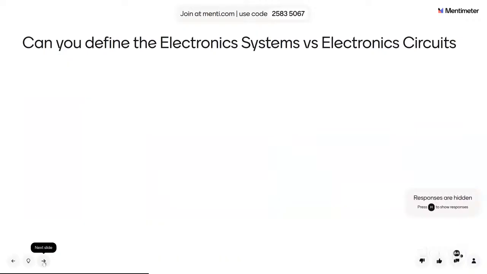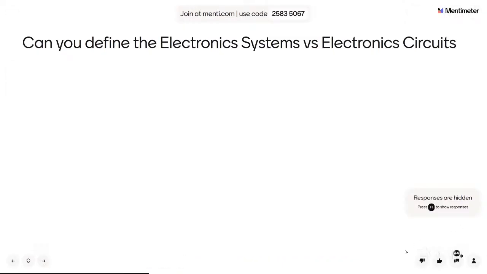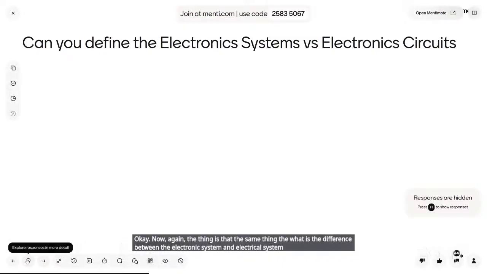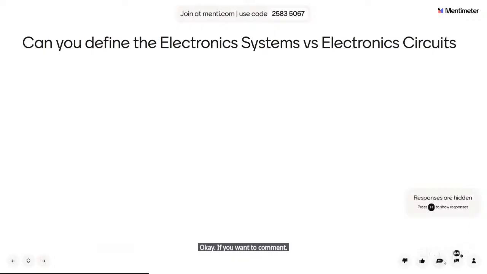Okay. Now again, what is the difference between an electronic system and an electrical system? If you want to comment, you can comment here.